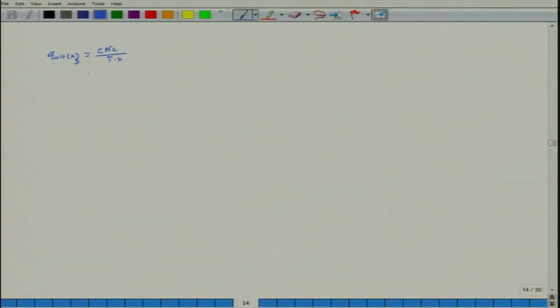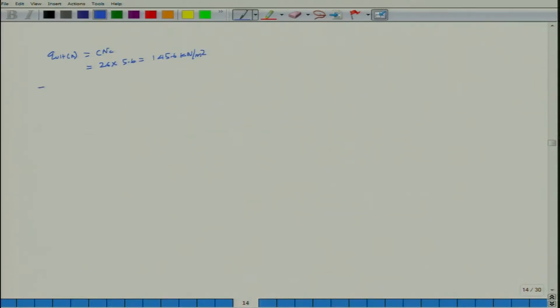So, then it comes out to be 145.6 divided by 2.5. Whatever it is, I am not putting the factor of safety yet. Q ultimate net I am taking as CNC, which is equal to 26 into 5.6, which is equal to 145.6 kilonewton per meter square.